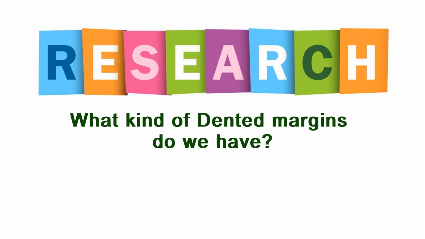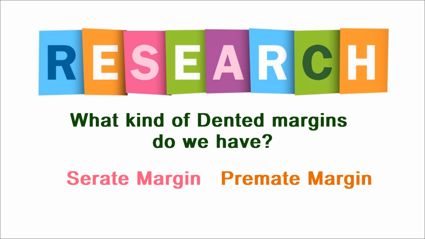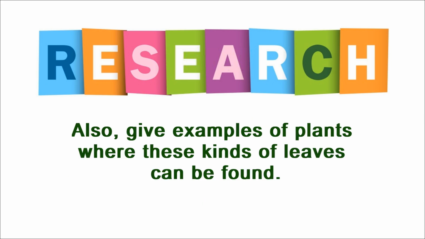We have serrate margin, crenate margin, and dentate margin. These are different types of dented margins. I want you to research and also give examples of plants where those kinds of leaves can be found.